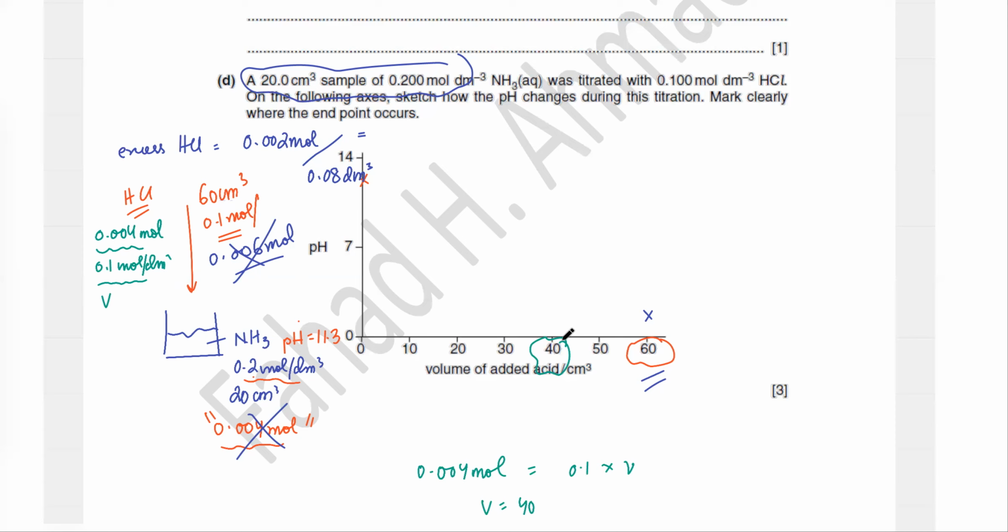Yes, sir. So at 40, it's going to be completely neutral. You should have stopped at this point. You kept on adding acid, and the solution then became acidic. So your curve would be sketched with the maximum vertical pH change happening at this point.